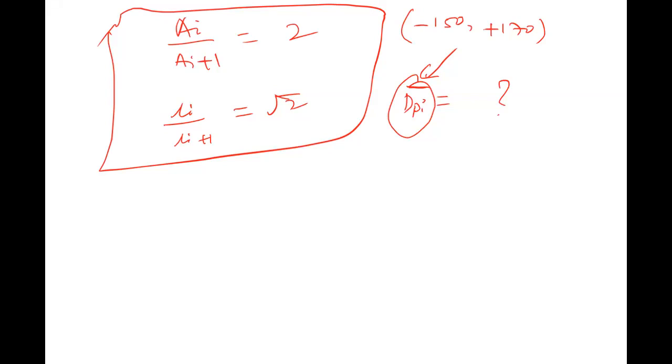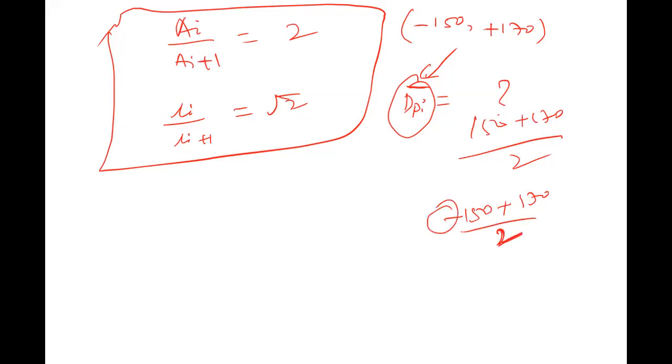Very good. D170 plus D150 by 2. So it is 150 plus 170 by 2. We cannot put here minus 150 plus 170 by 2. Because negative indicates the particles have passed through the screen, and positive sign indicates the material has been retained on that screen. Is this concept clear? So its answer will be 150 plus 170 by 2, so obviously it is 160.